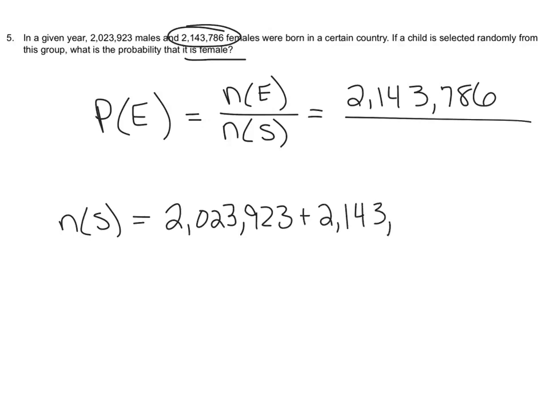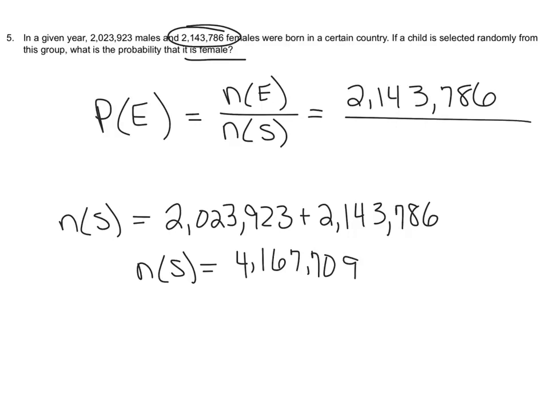And when we add these two values together, we get that the denominator of our probability is 4,167,709. And we'll place that in the denominator.